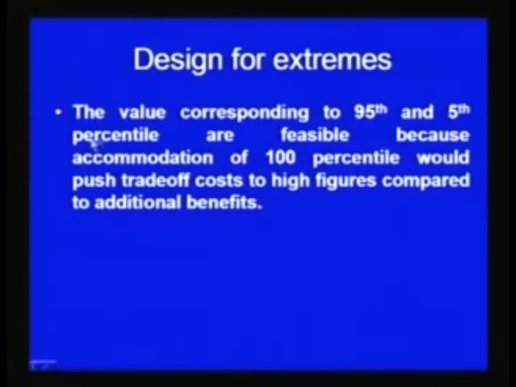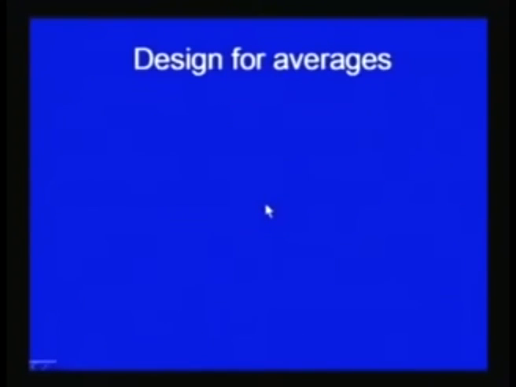So, the values corresponding to the 95th and the 5th percentile are feasible, because accommodating the 100th percentile would push the trade-off costs to higher figures as compared to the benefits which appear in the form of an increased number of users.